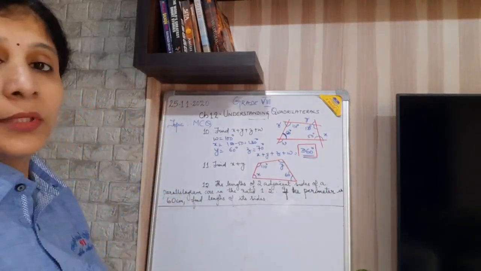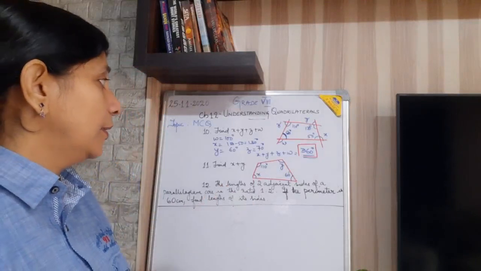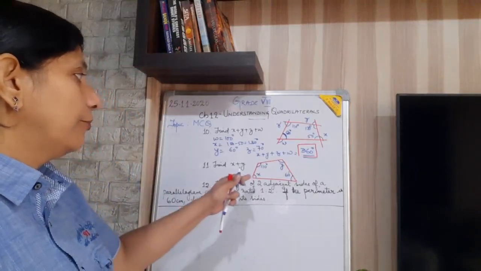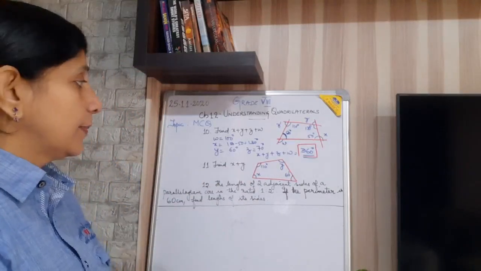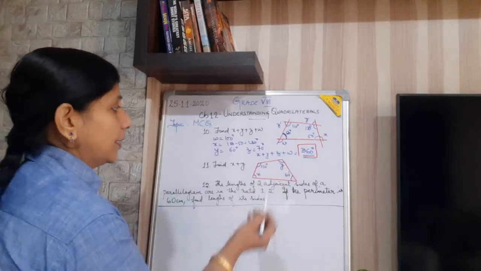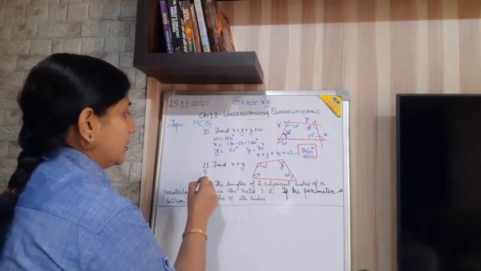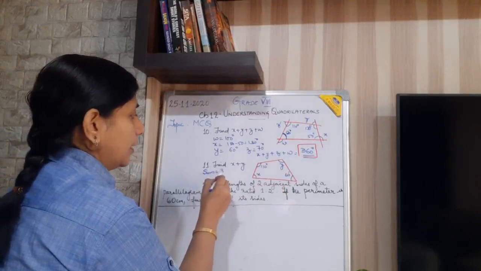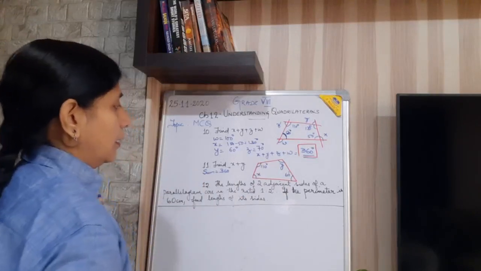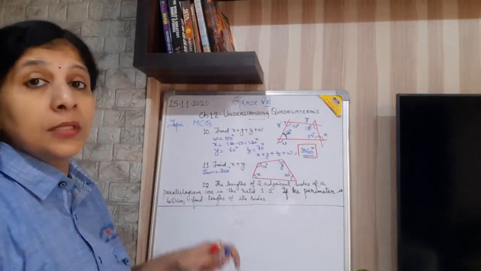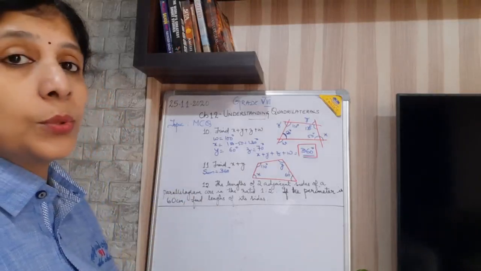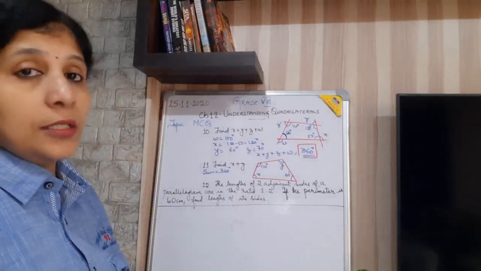Now next one, again a figure, quadrilateral is given. You have to find x plus y. The sum of interior angles is 360, because it's n minus 2 into 180.